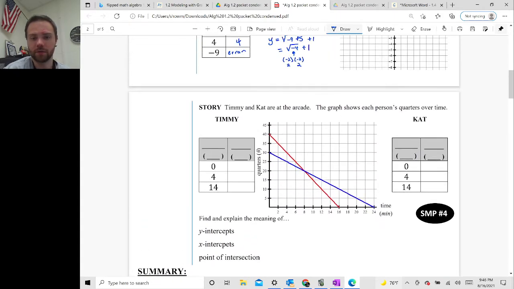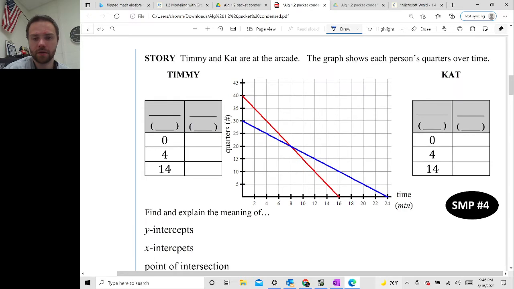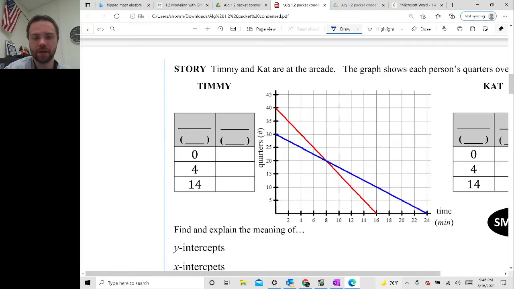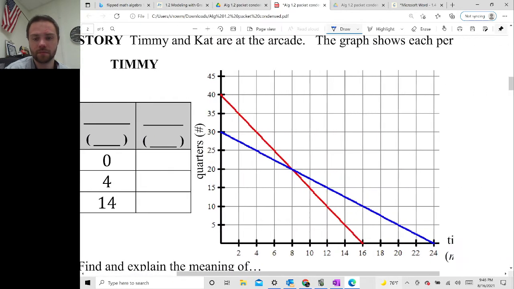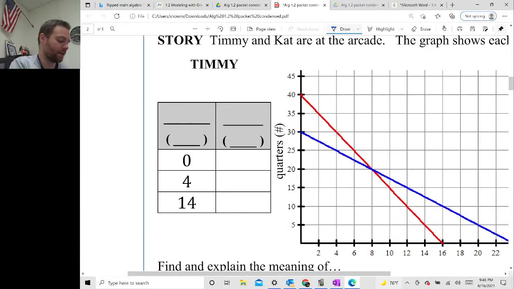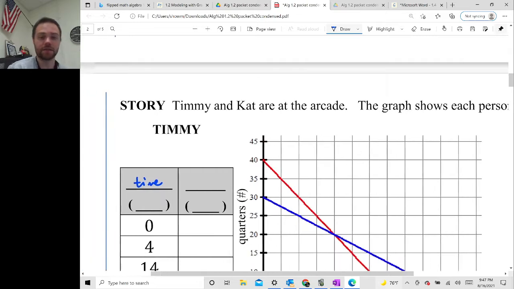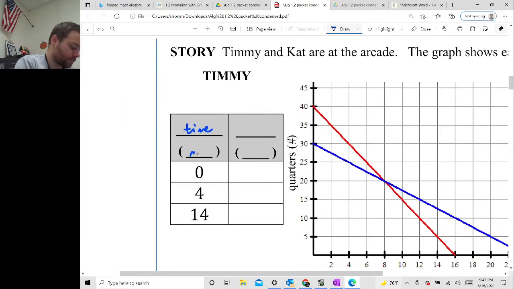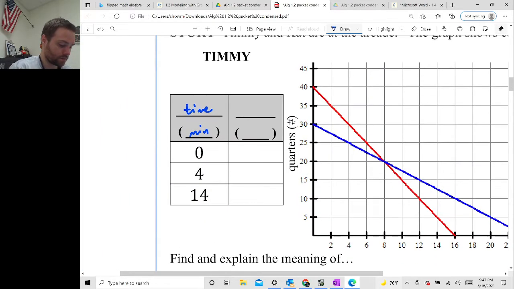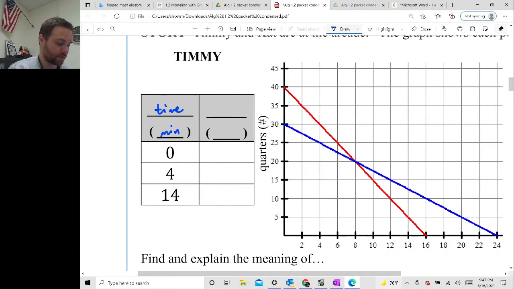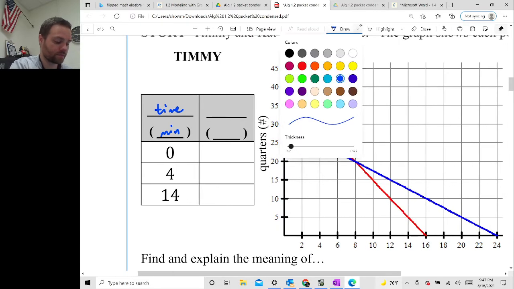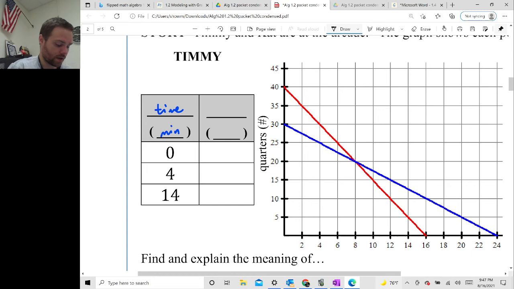Almost done. We got one more little one to do. So I've got two different things. I've got time as my input, and it's measured in minutes. And then for my output, I've got quarters.